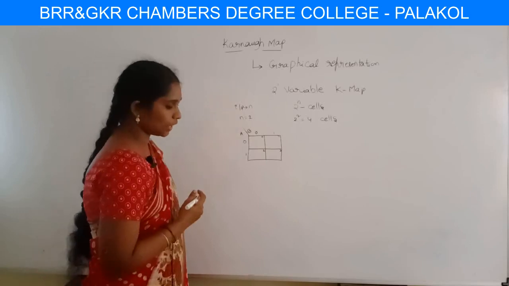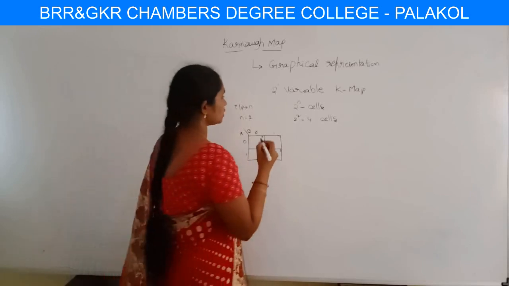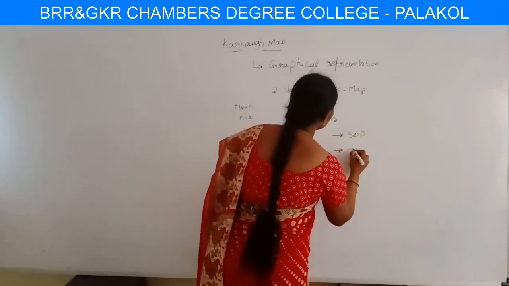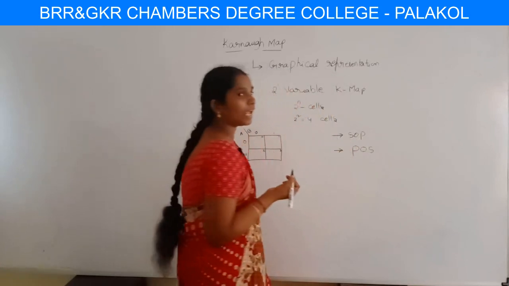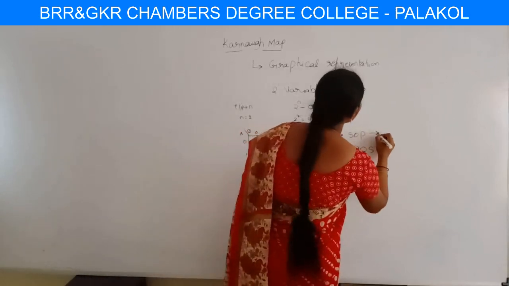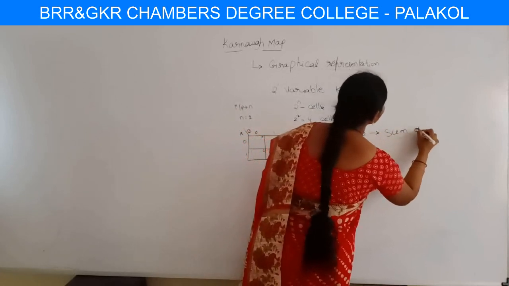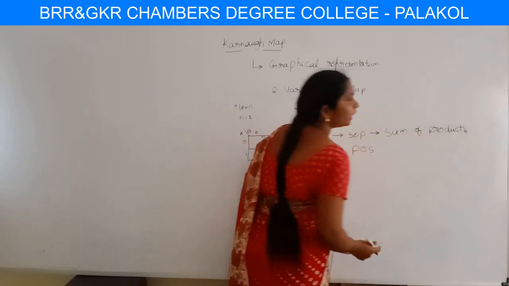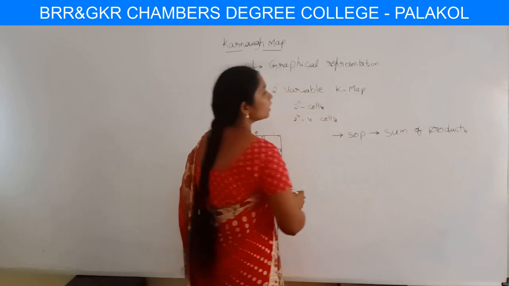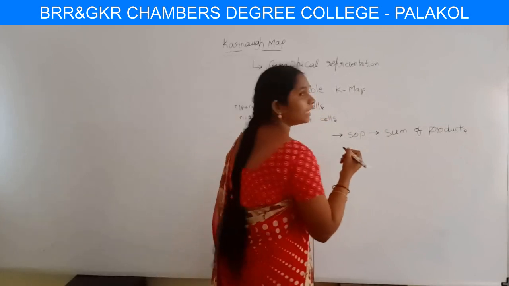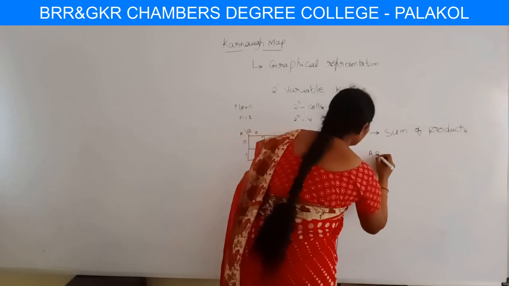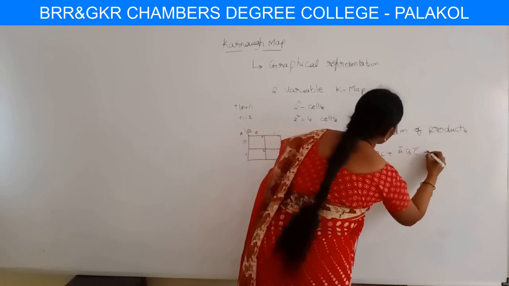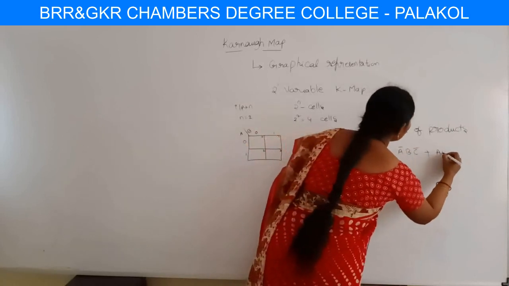Okay, so for K-map representation there are 2 types of representations. The first one is SOP and the next one is POS. SOP is nothing but the sum of products. For example, the equation is ABC plus A bar B C bar plus AB C bar.